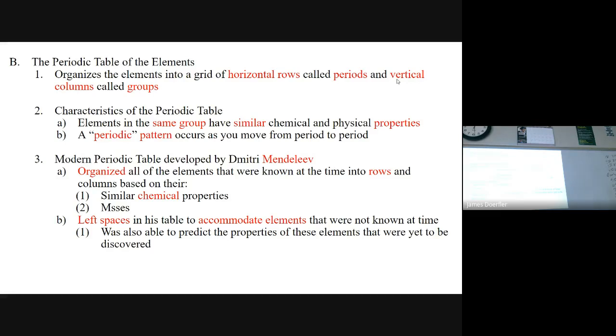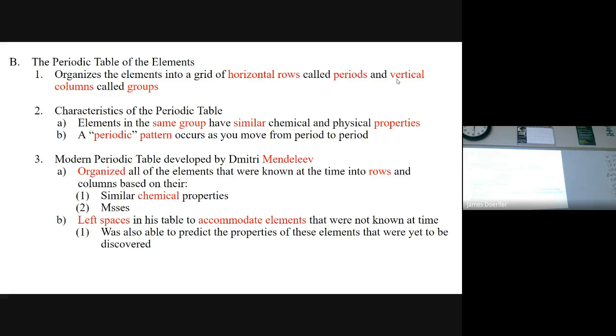For example, he did not know at the time of his table development about germanium. Germanium is right here. He basically left it blank, and he just gave it a name of Ica silicon. Ica meaning below. So below silicon, which is right there.